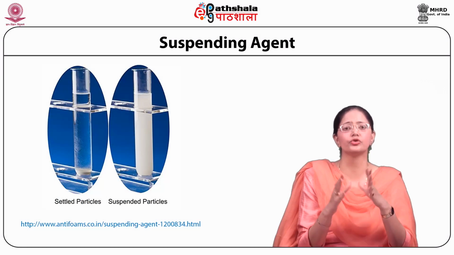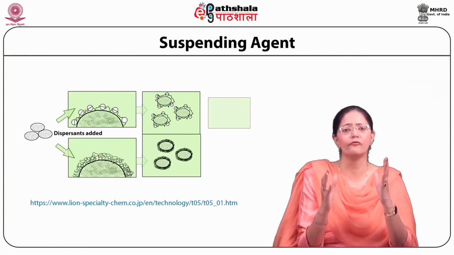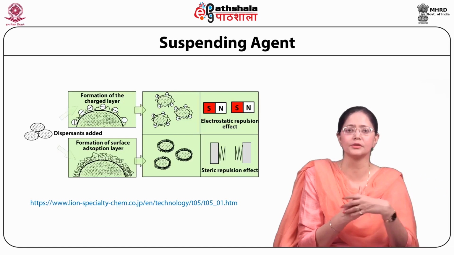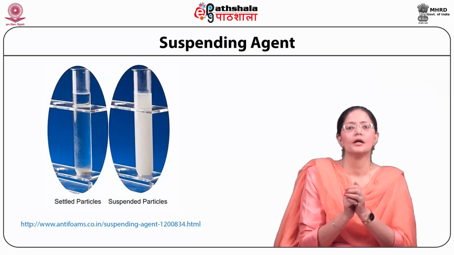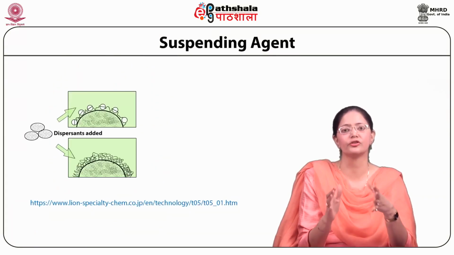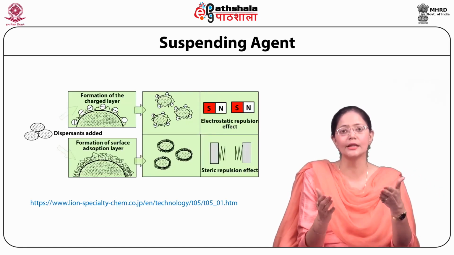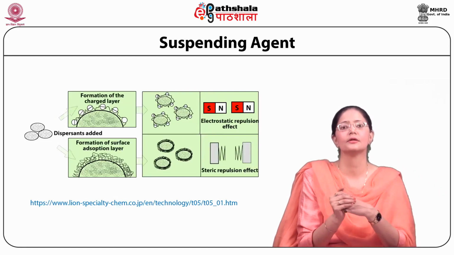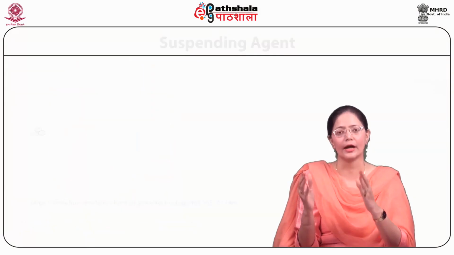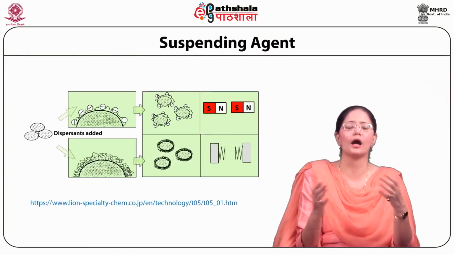Suspending agents should coat the particles and thus make them very less prone to caking as compared to the uncoated particles. Examples of the suspending agents which are used for the formulation of suspensions include alginates, carboxymethyl cellulose and its derivatives, microcrystalline cellulose, acacia, tragacanth, xanthan gum, bentonite, and carbomers.